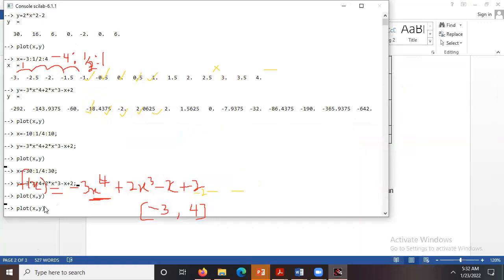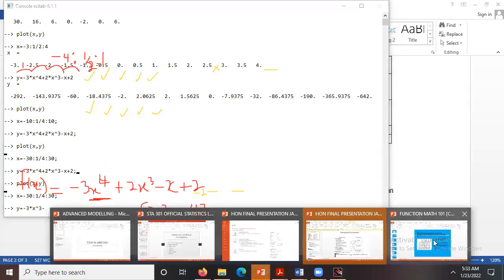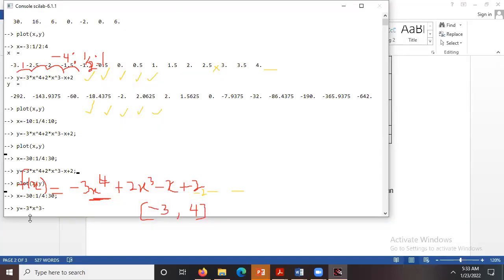I want to use an interval, say this, and then plot the function x cube minus 3x. So x cube minus 3 times x.